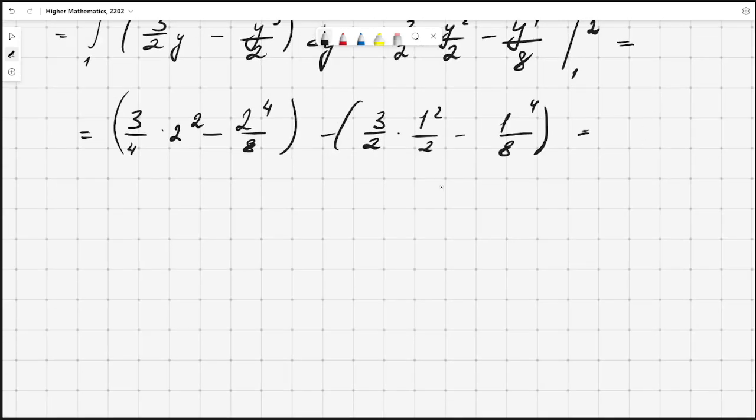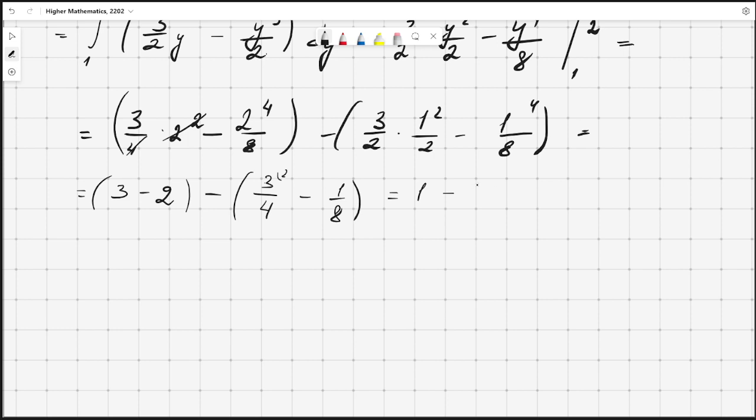Calculate. 2 squared and 4 we can delete. We have 3 minus 2 cubed, it is 8, over 8, 2, minus 3 over 4 minus 1 over 8. 3 times 2, 6 minus 1 is 5. It is 3 over 8.